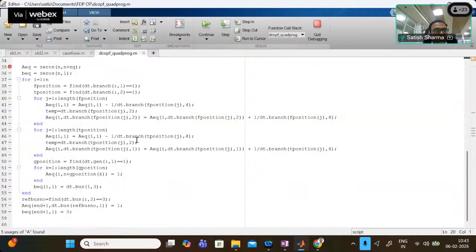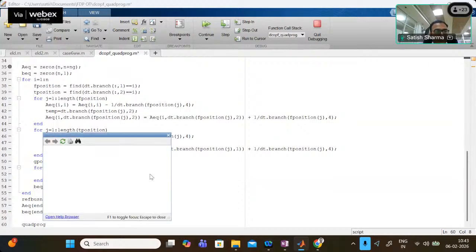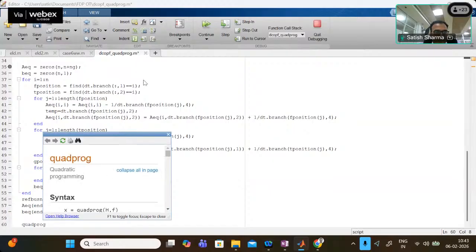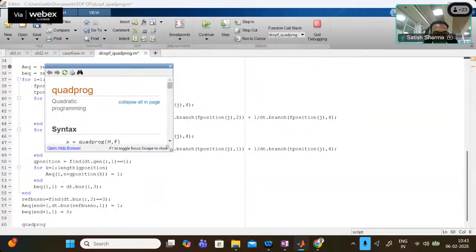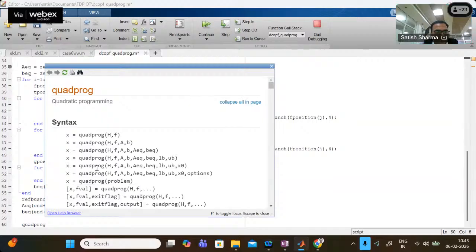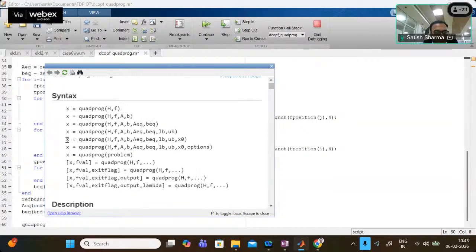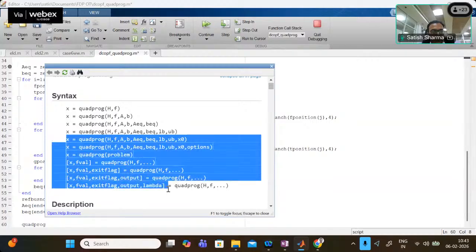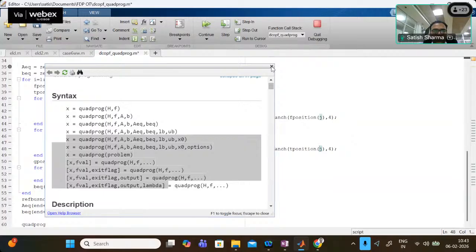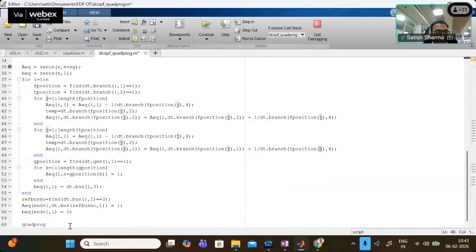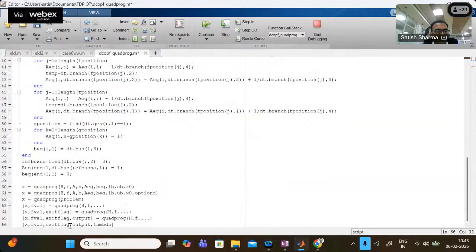So once we have built everything, I will call my function quadprog. Okay, so I don't want to type everything, so what I will do is open the help file and copy it from there. So let's copy from here to here and place it in our program.